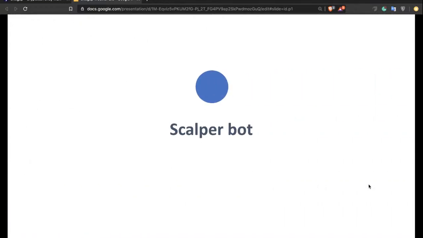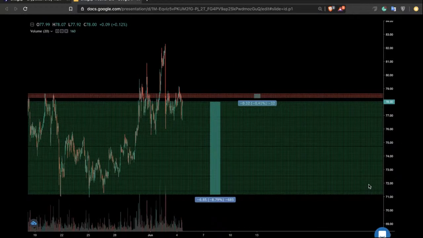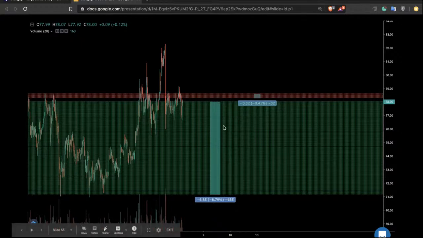Now we come to the scalper bot, and here the idea is that almost, even like, 95% of your investment is allocated in buy limit orders and only 5% in sell limit orders.